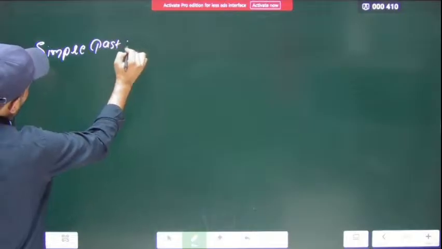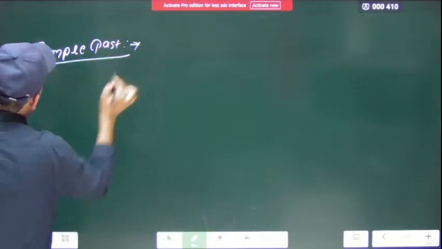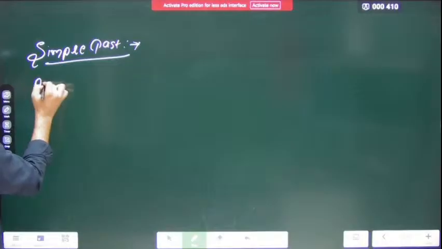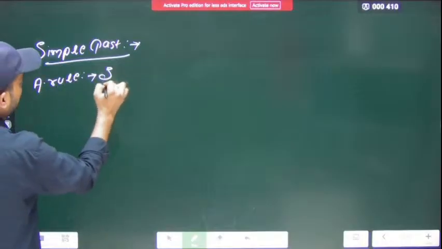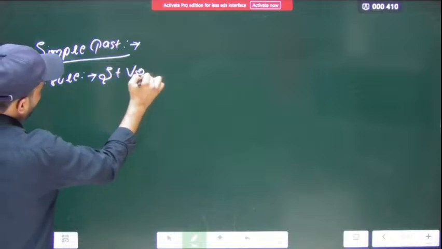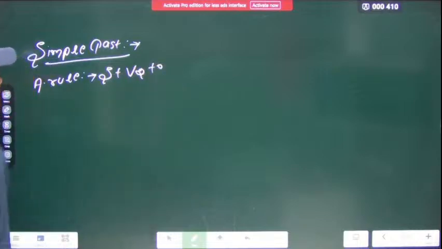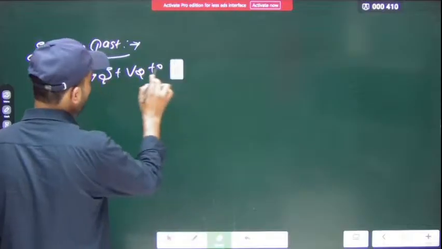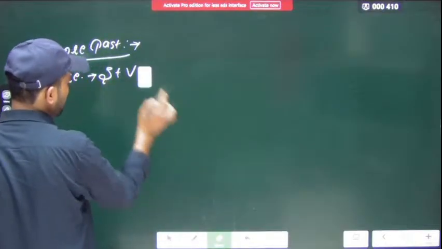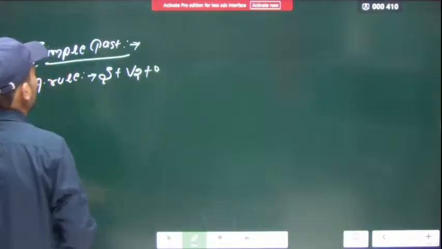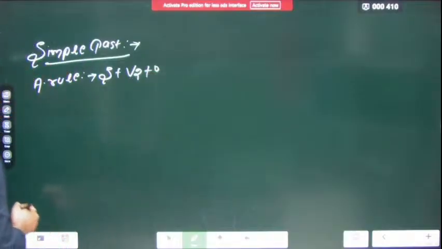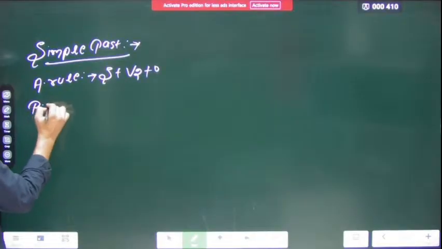Now as we all know, the rule of simple past tense is subject plus verb 2 plus object. Okay, this is the rule of simple past tense, subject plus verb 2 plus object. Now if I make the passive rule of this tense, then it will be here.